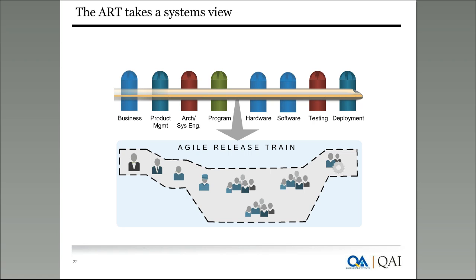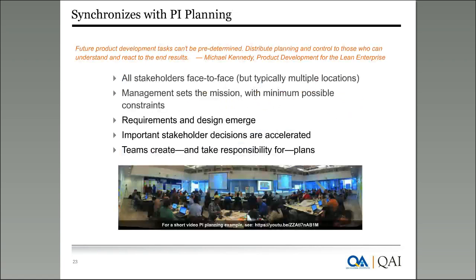All of them will be involved. So it is more like a virtual team, a virtual train. What I mean here is the concept is all people, different teams, creating a virtual team and driving it.